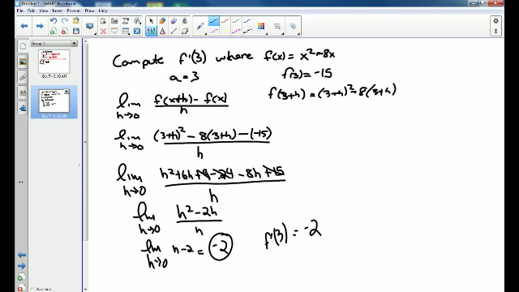Right? What is that representative of? It is the derivative. Now on the graph of f, what does that represent? The slope of the tangent line. Slope of the tangent line at x equals 3.